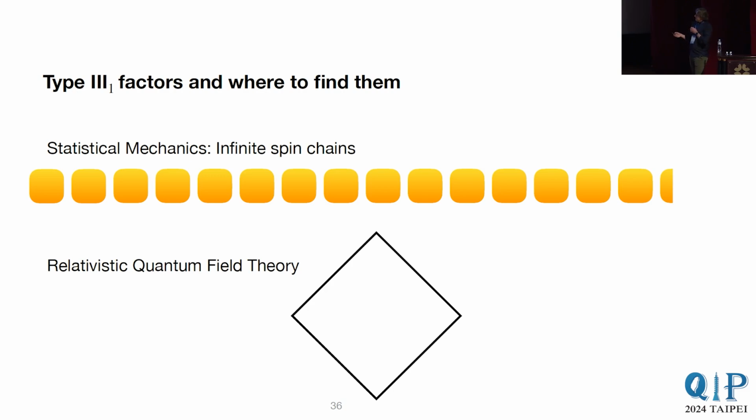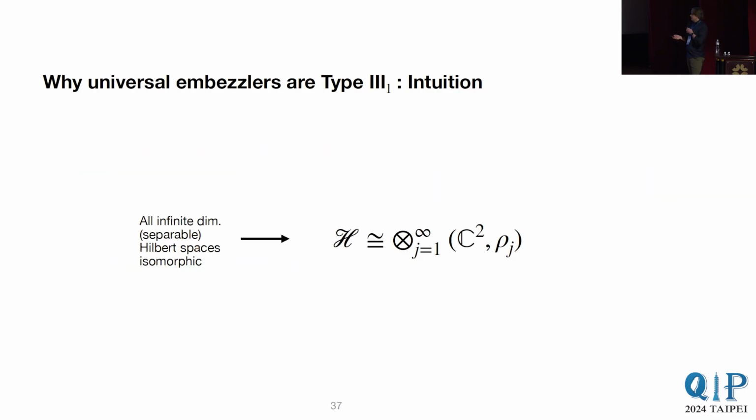And then in the second part, I will talk about relativistic quantum fields and in which sense they also admit these type III_1 factors and are therefore a natural object where you should expect every state to be an embezzling state.